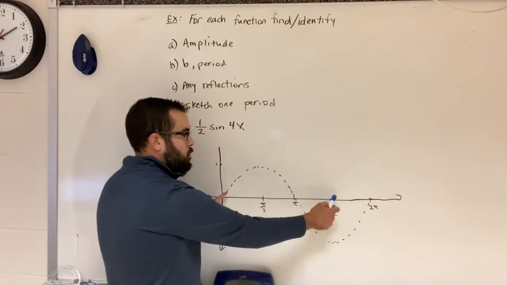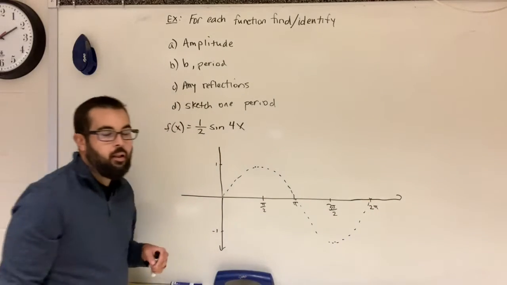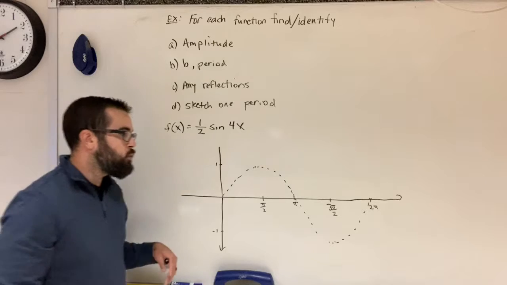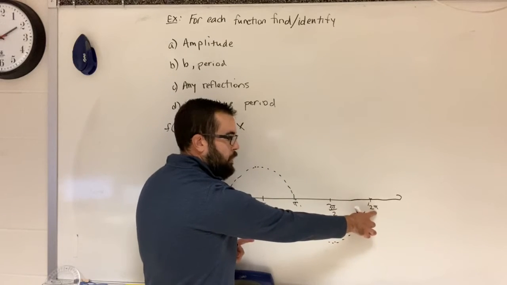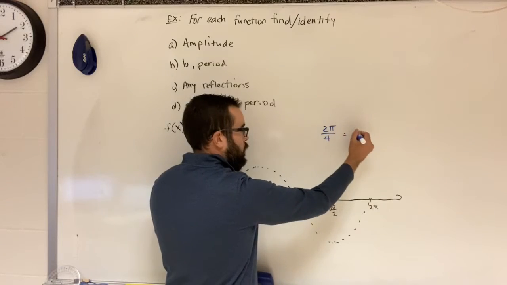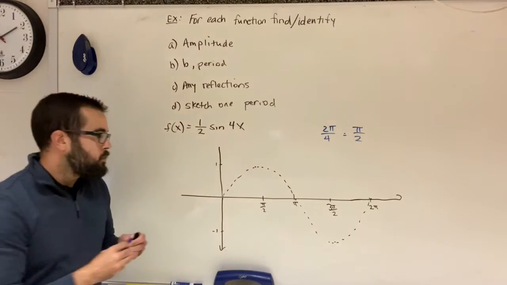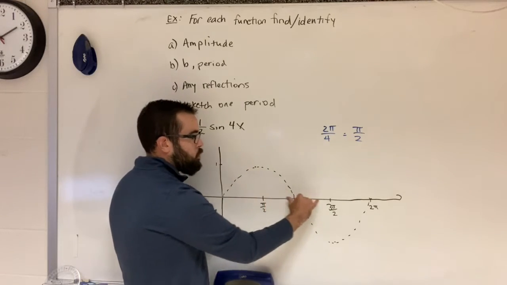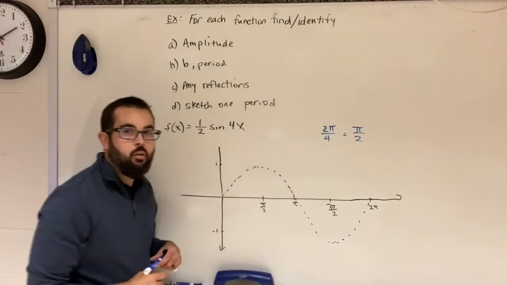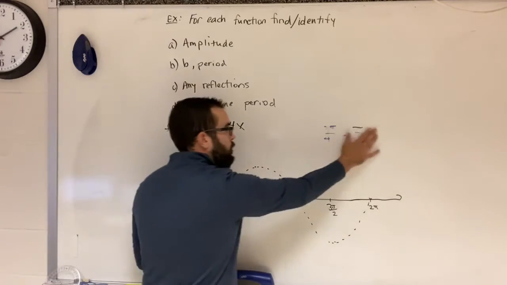So 1, 2, 3, 4. If you take 2 pi and divide it by 4, you get pi over 2. So pi over 2 is the distance between each critical value. That's important to know because that's what we're going to use to draw our new graph.